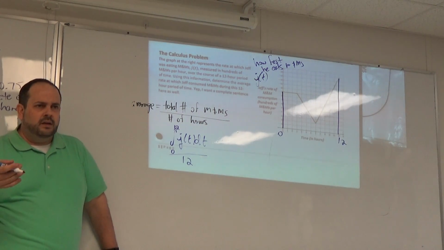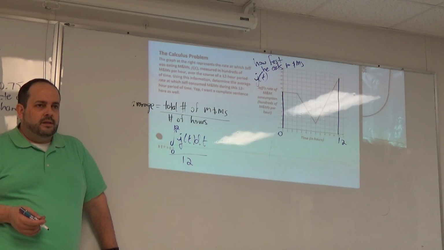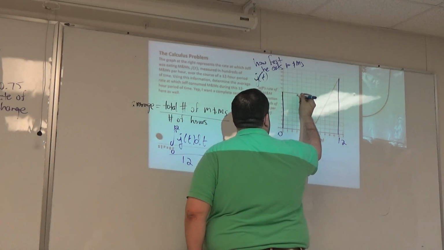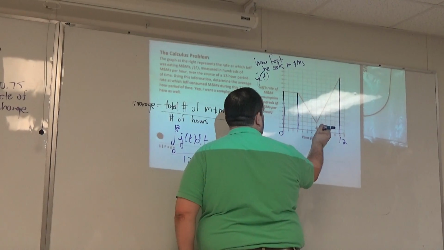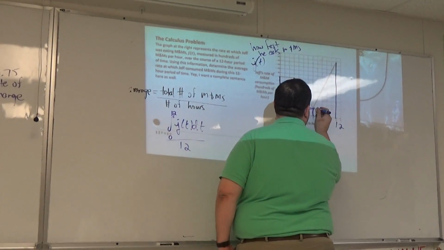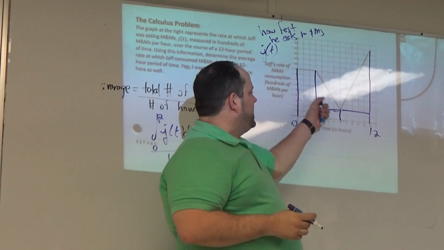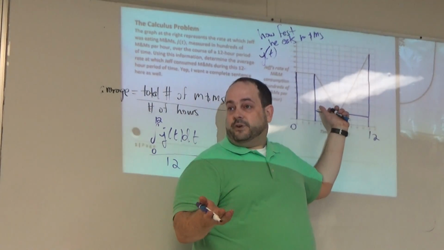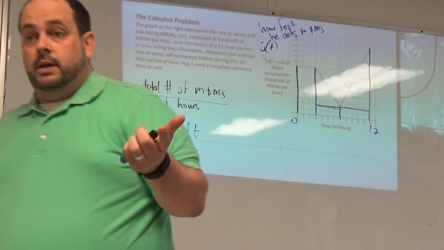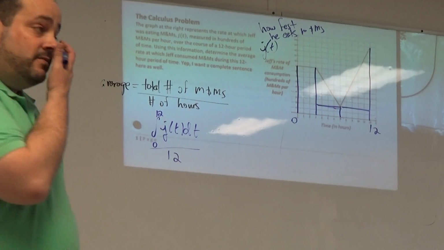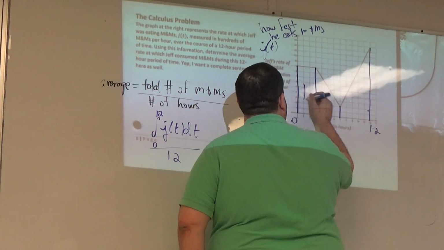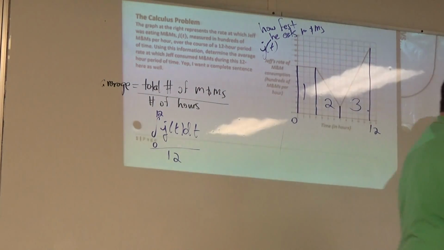I saw some folks that said, I want to divide it up here, here, here, here, here, and here, and go with rectangle, rectangle, rectangle, triangle, triangle, 5 regions. That's good, that works. Better way to do it? Two trapezoids, right? Take advantage of your trapezoids. So if you do that, there's 1, there's 2, there's 3.